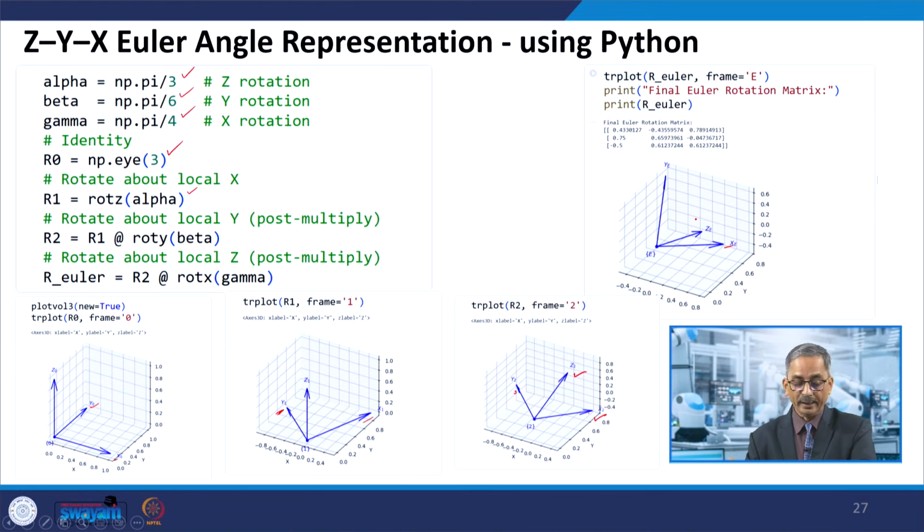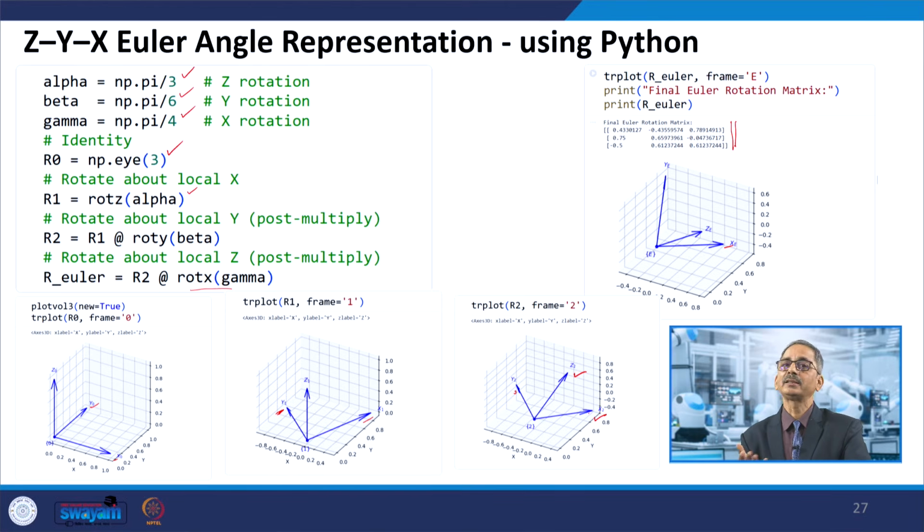position. And you see that when we do these calculations, substitution, in this case we get the final rotation matrix, which is the same as what we have got in the case of fixed angle representation. But the difference is that here in the Euler angle representation, we are performing rotation about the rotating axis, and the sequence is reversed in order.